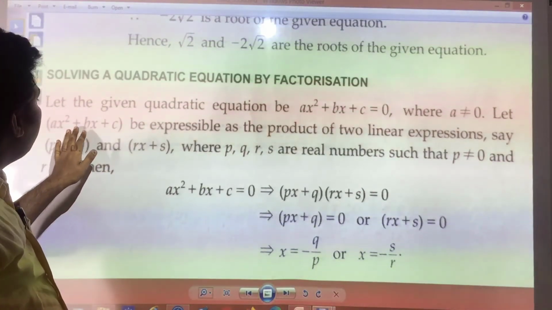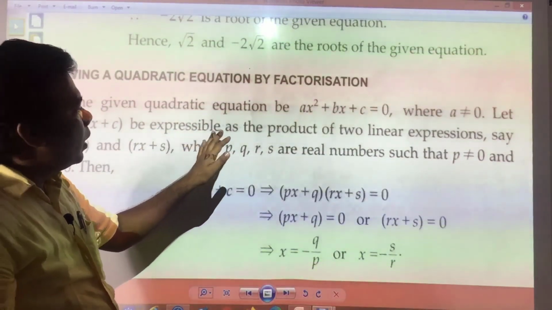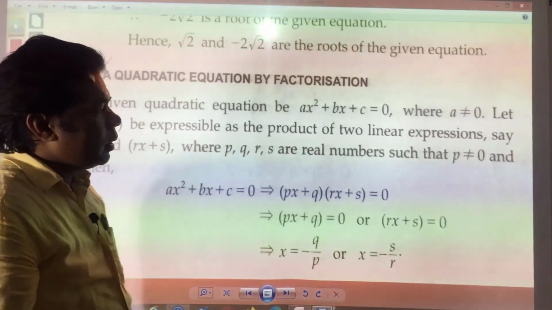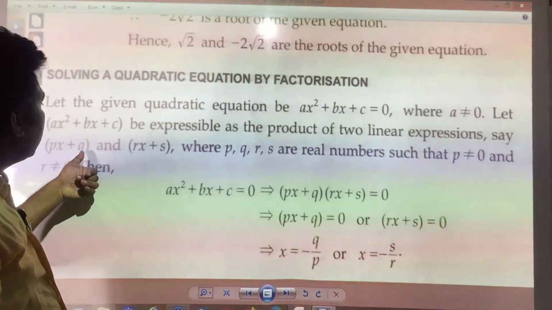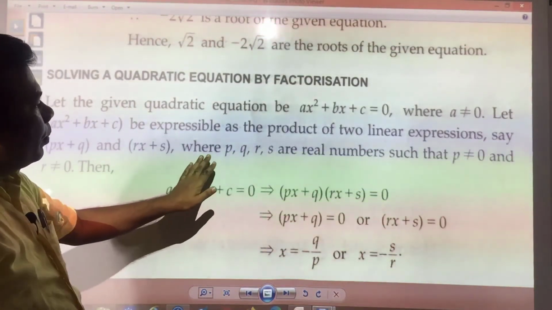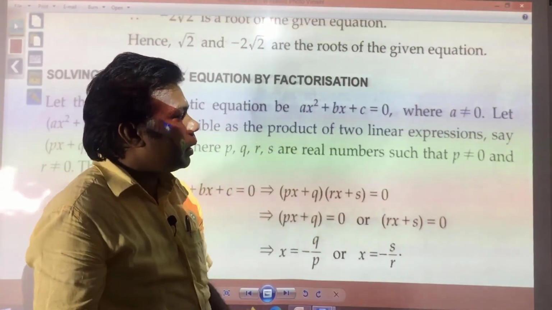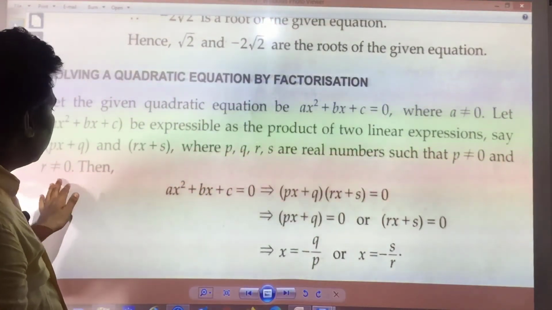Let ax square plus bx plus c be expressible as the product of two linear expressions, say px plus q and rx plus s, where p, q, r, s are real numbers such that p is not equal to 0 and r is not equal to 0.